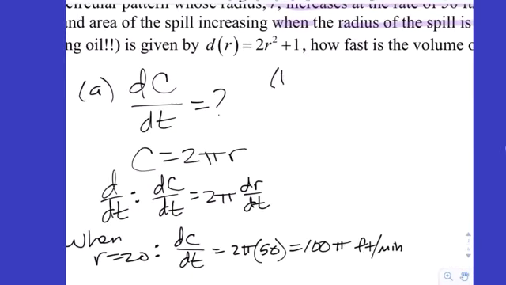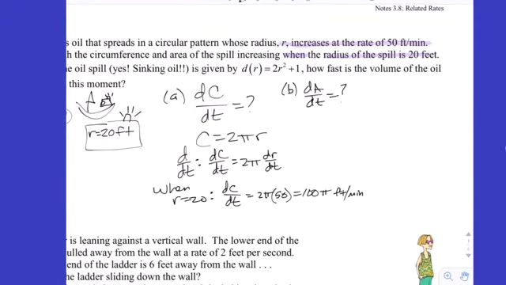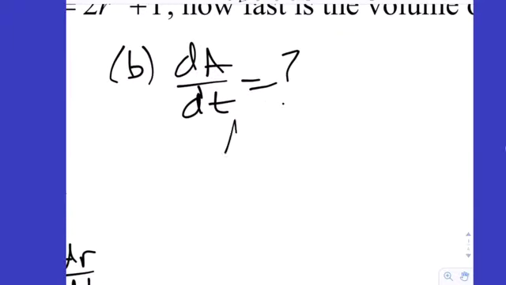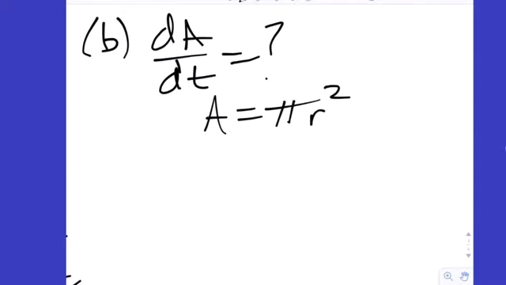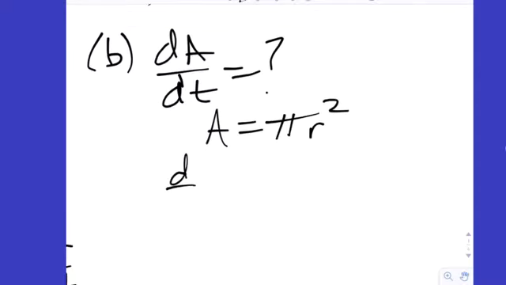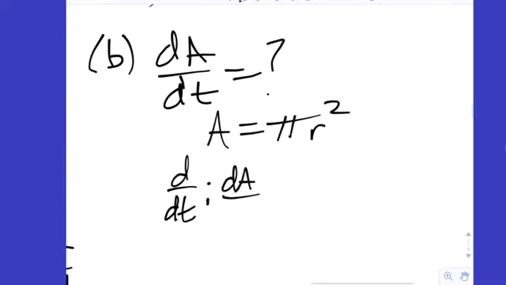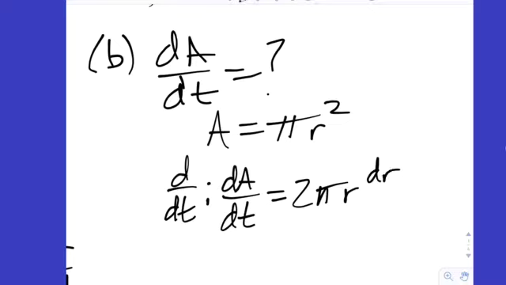Now in part B, we want to know how fast the surface area is changing. I'll use A for area, so dA/dt is our target. In the circle, I need to relate the area to the radius before I can relate their rates. Of course, A is pi r squared. Good. So there's your position equation. Take d/dt of both sides. We get dA/dt equals 2 pi r times dr/dt.